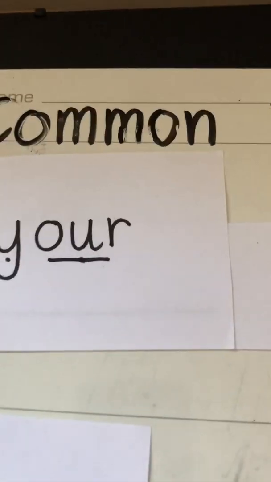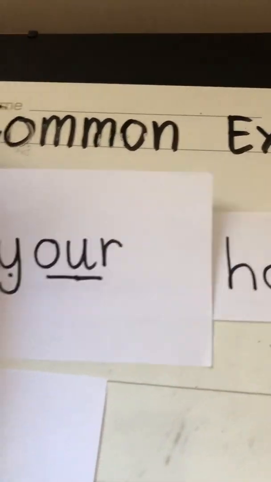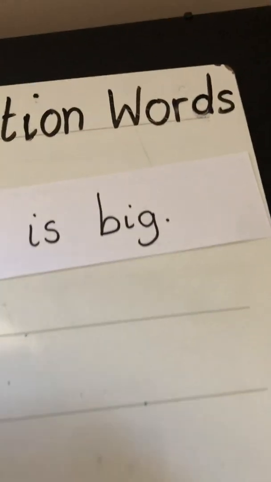Yes. Let's just try the other word to see. Your house is big. That makes sense as well. So again, we could have either of those words in that sentence. Well done, good reading. It's time to learn the spelling now.